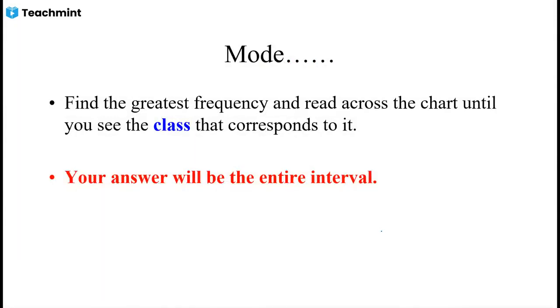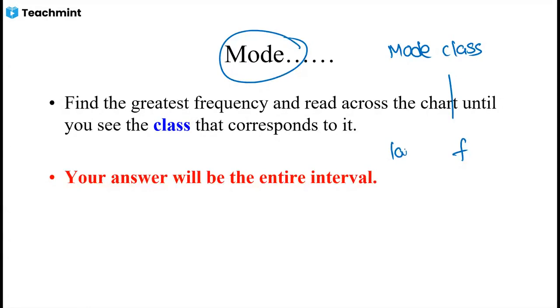But before that, one small input regarding mode class. This is not mode class. How to decide the mode class? It is the one having the largest frequency, F largest. The class with the largest frequency is called the mode class.